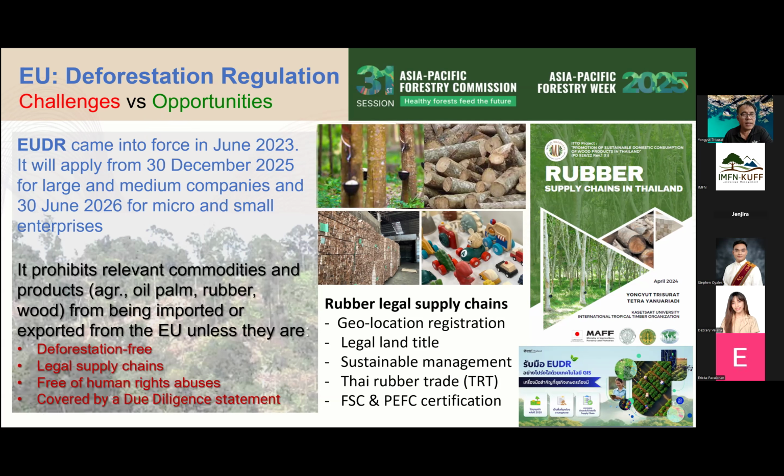If any countries would like to export to the EU, they have to prove with evidence that the products do not come from deforestation areas, and that they come through a legal supply chain from the source, from the raw material through the supply chain or chain of custody until the final product, and are free of human rights abuse.